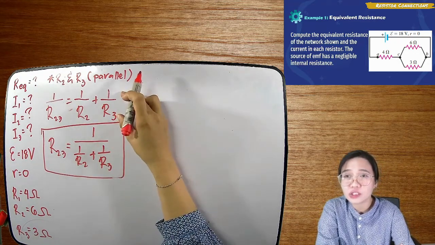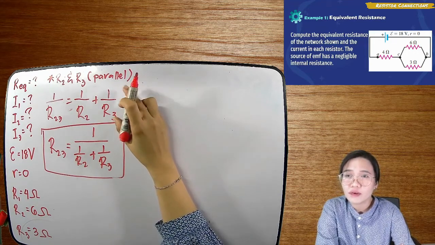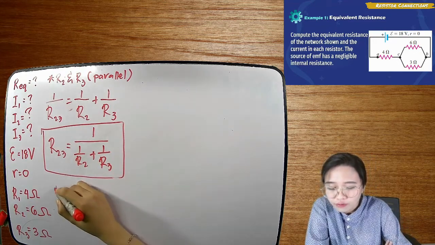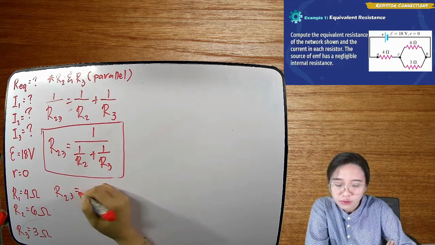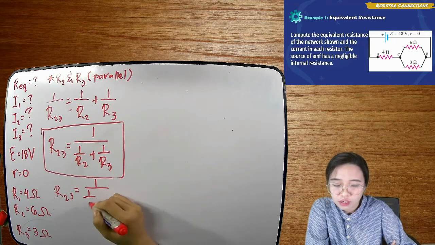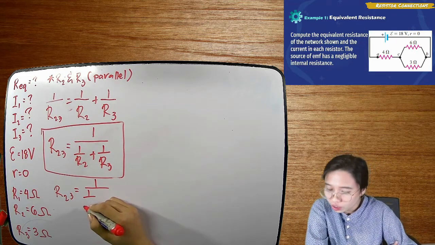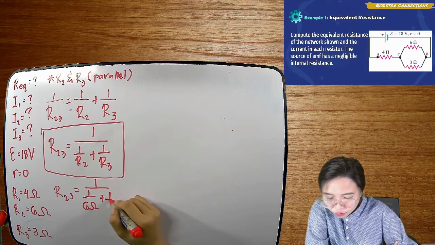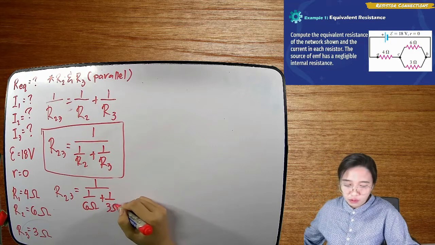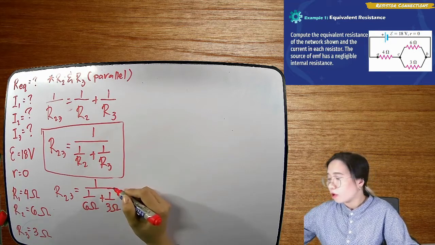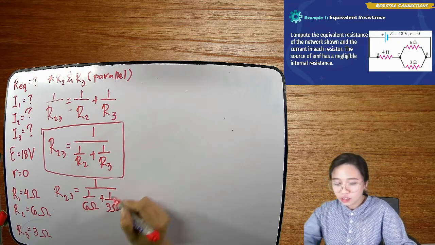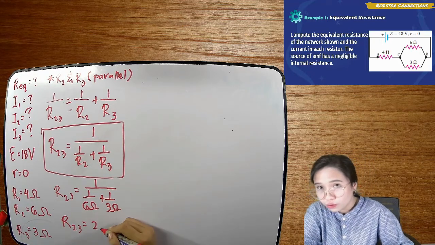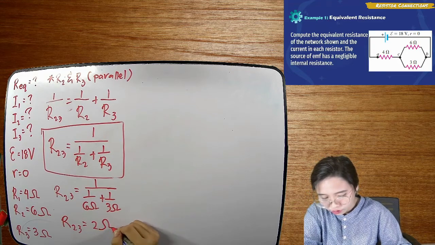So we have R23 is equal to 1 over (1 over 6 ohms plus 1 over 3 ohms). Okay. So our final answer for R23 will be 2 ohms.